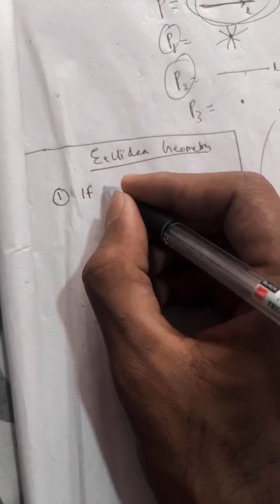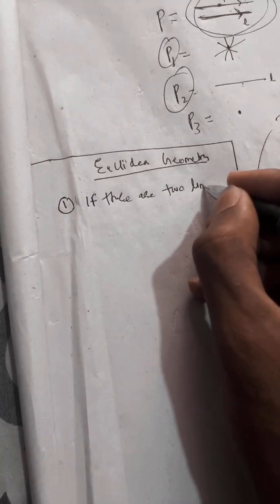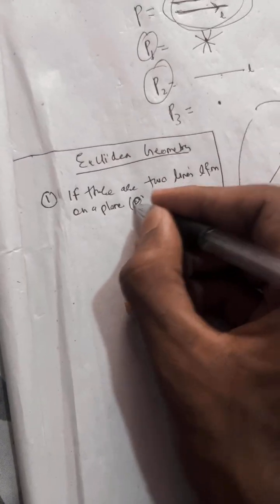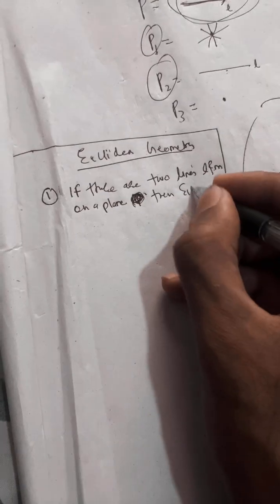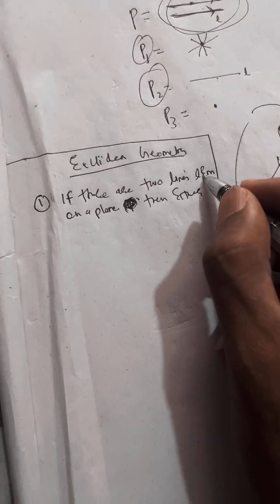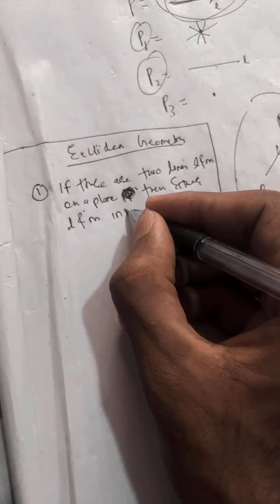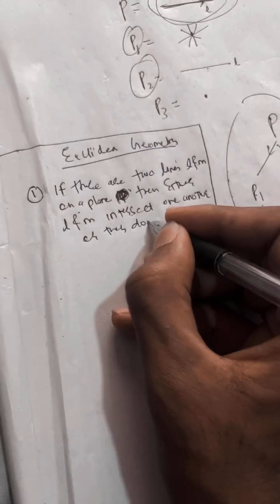If there are two lines L and M on a plane, then either L and M, these two lines, intersect one another or they don't.